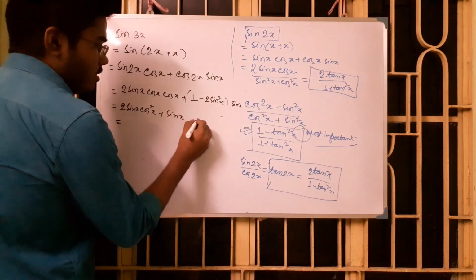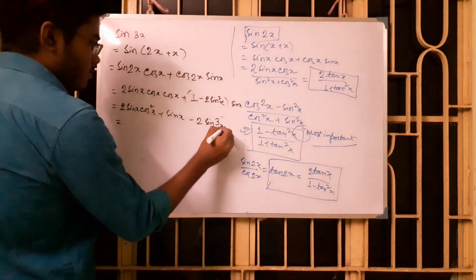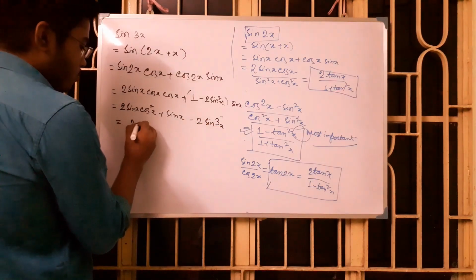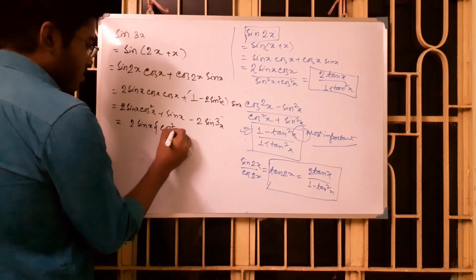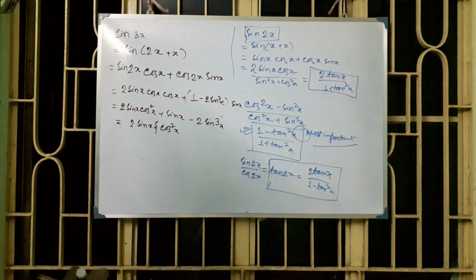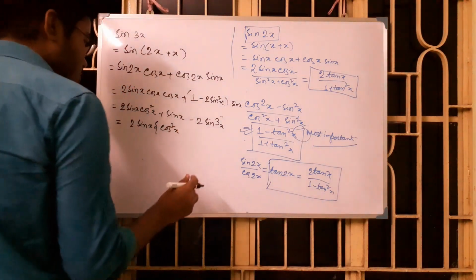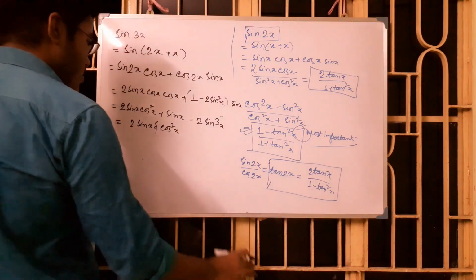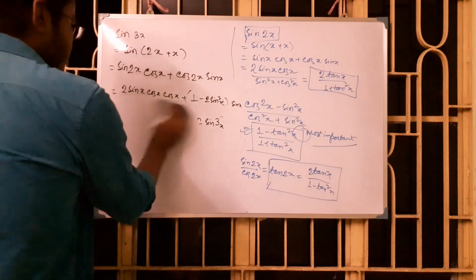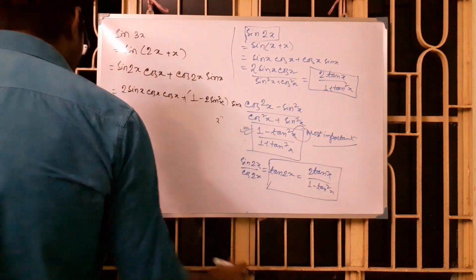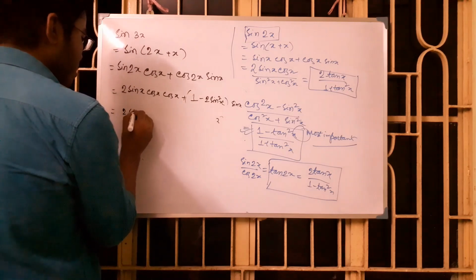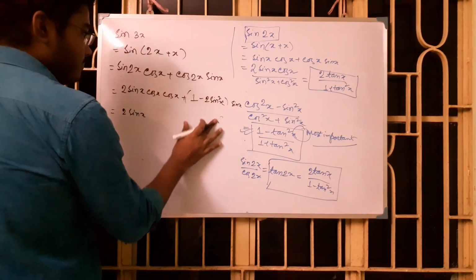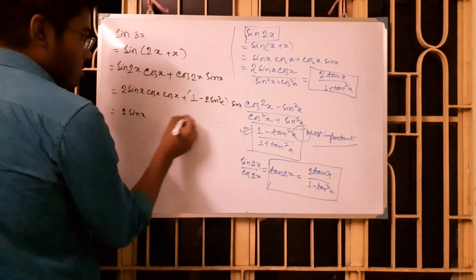So sin x minus 2 sin cube x, and take 2 sin x common, then this is cos square x minus sin square x, or in other way, this is 2 sin x cos square x, then take 2 sin x common.